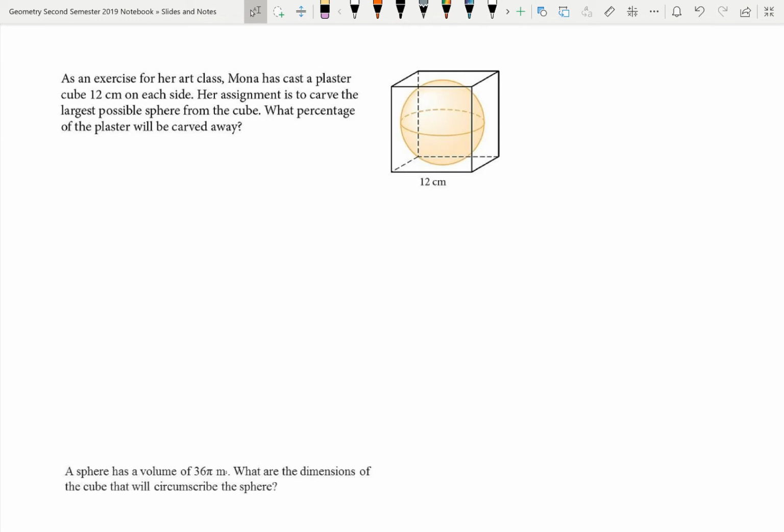Next one is an exercise for her art class. Mona has cast a plaster cube 12 centimeters on each side. Her assignment is to carve the largest possible sphere from the cube. What percentage of the plaster will be carved away? So we have a cube that's 12 by 12 by 12, making the volume of the cube 1,728.